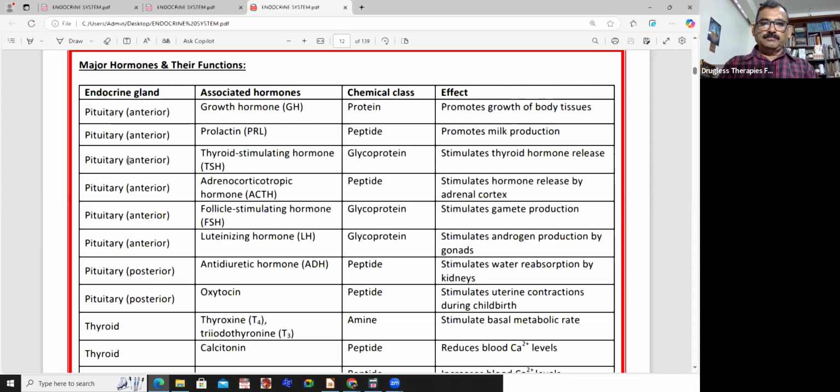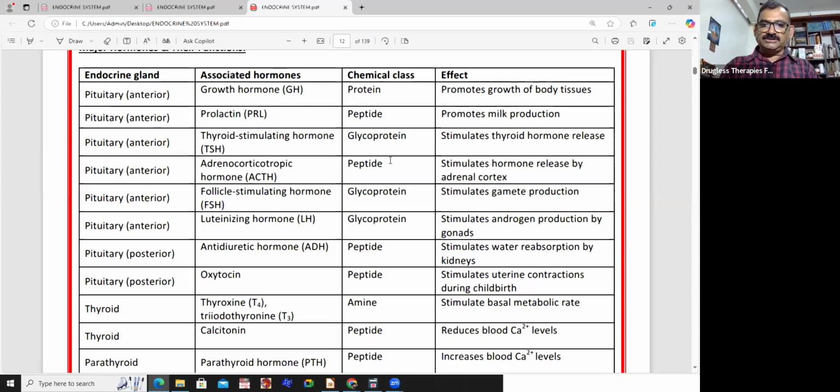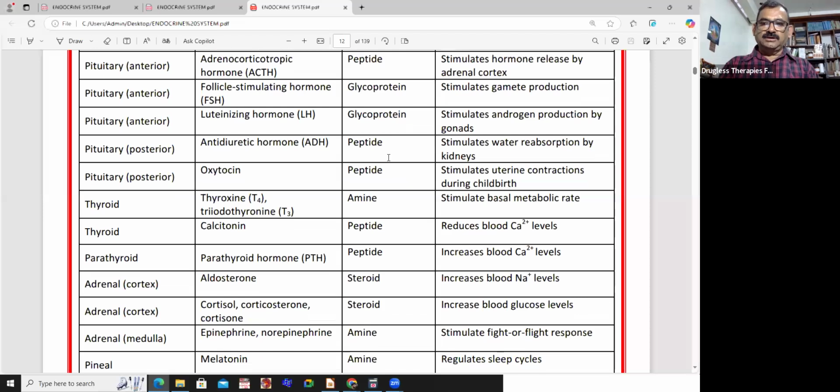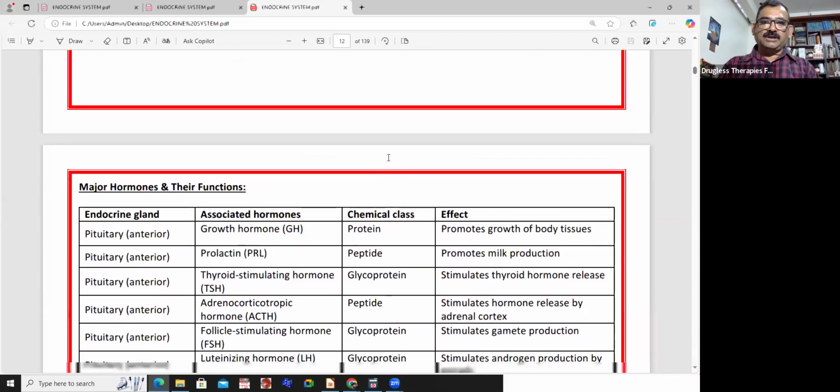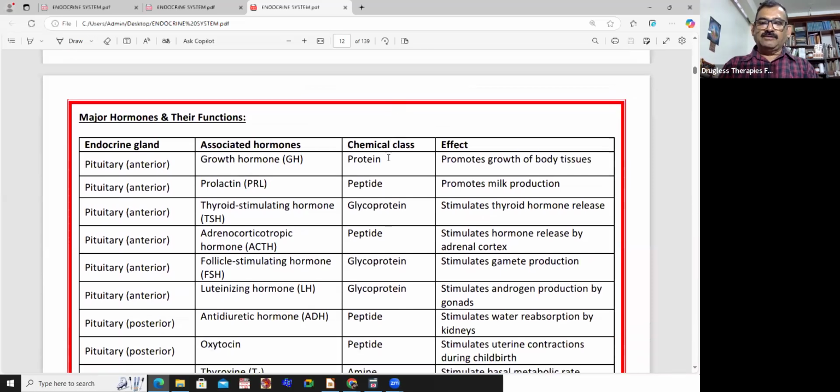So thyroid stimulating hormone, a glycoprotein, stimulates the thyroid hormones. And why I am showing this is, you should go to this page and see. This is a very important page, page number 12.